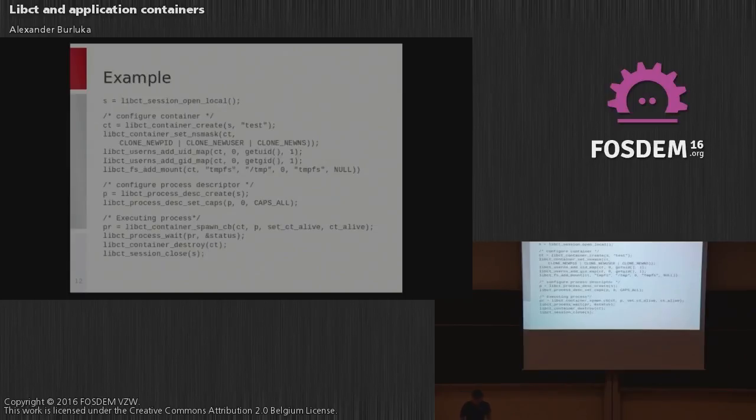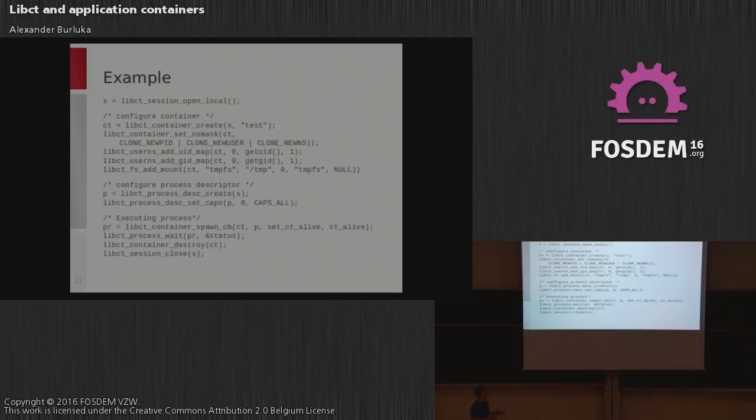Well, let's go to the example. You see that it's quite readable. We create a session, a local session, then we configure containers, you can see in the third line, with the name test. Then you specify three namespaces: PID, UTS, user namespace, and file system namespace.